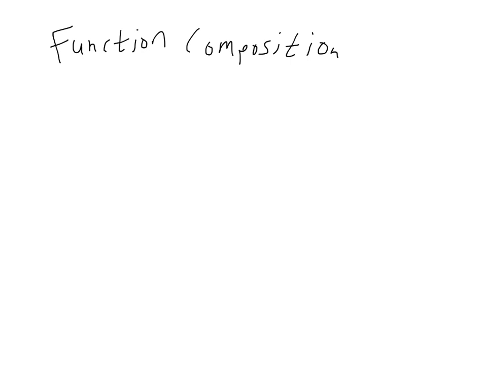Okay, so if we would like to talk about this group operation, so the group operation is function composition. So let's say that alpha is our permutation that we had earlier.